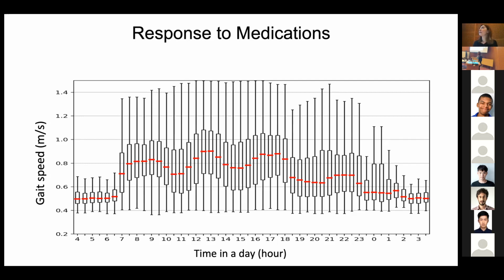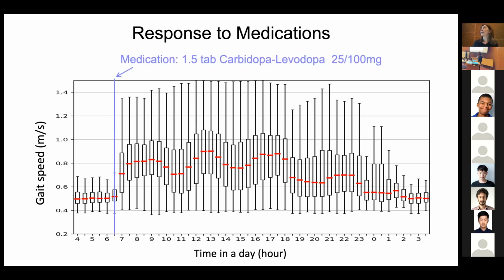So guess what? You put the drugs on this graph, and here's what you get. This is the first medication dose. He wakes up, takes his medication, and suddenly he can move much, much faster. Then the effect of the medication starts wearing off, so the speed goes down. Then he takes the second dose, and again the speed goes up.